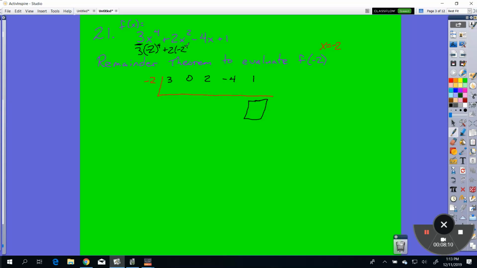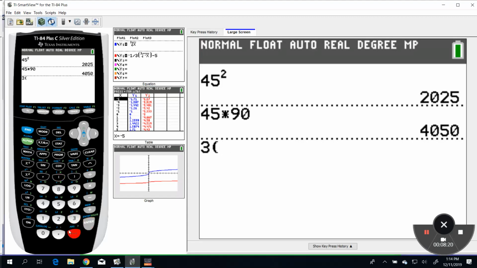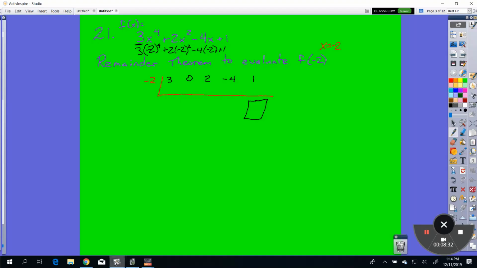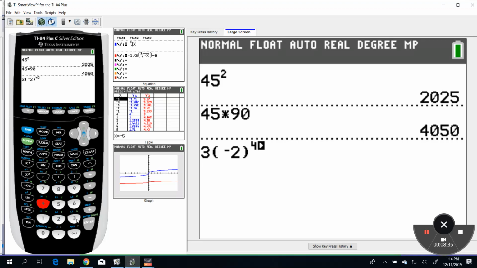So if I were to type this in the calculator and tell it to solve all of that, so 3 times -2 to the 4th, plus 2 times -2 squared, minus 4 times -2, plus 1.